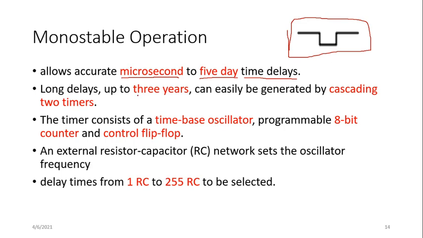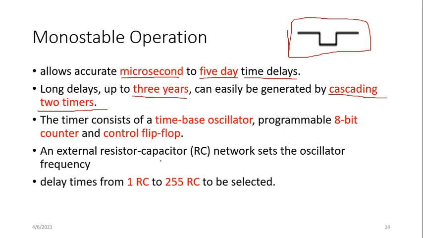Then you can also extend those delays. You can increase it up to 3 years also by cascading two timers. Means if you connect the two timers, then it can go up to 3 years also. Means that long delay we can generate using the timer IC 2240.